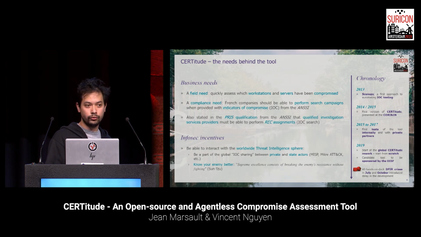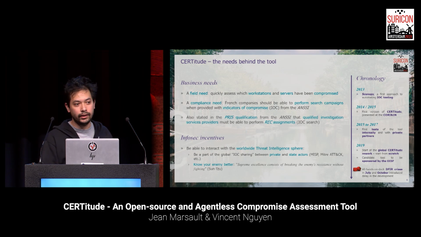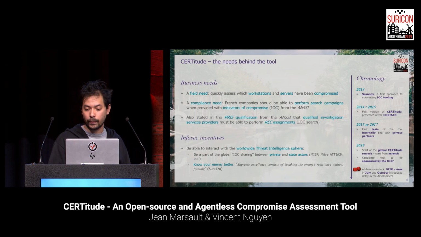We continued to develop it and use it for a couple of years, and we faced many scaling issues. So some months ago, we decided to rework CERTitude almost from scratch, and we are almost done, but as we have been very busy in incident response lately for some major clients, we haven't published it yet, but it will be done very soon.